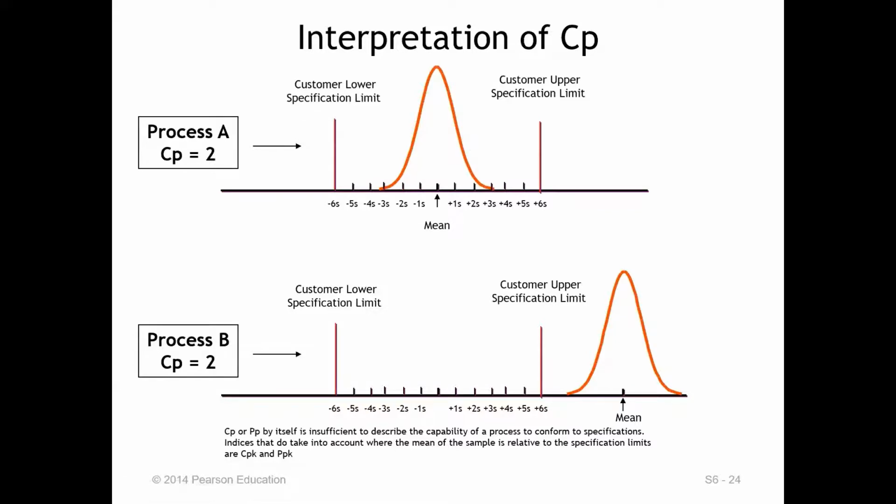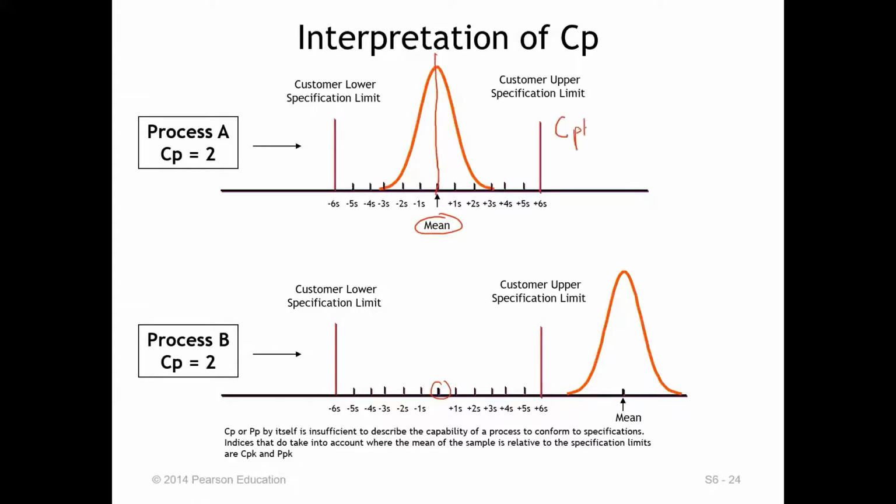But the second scenario is off-center. So to address the weakness of CP, which can't address an off-center process, there's another process capability index that we call CPK. CPK takes into consideration the mean of the data.